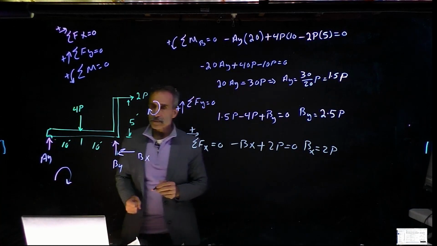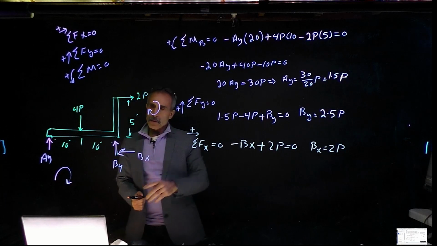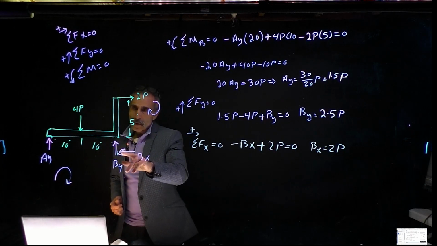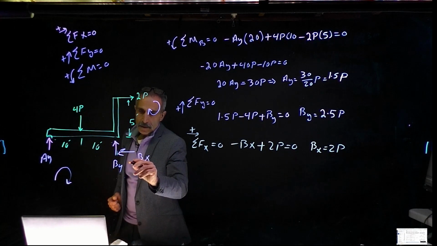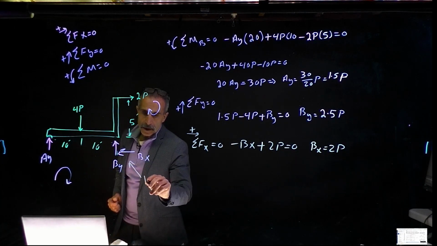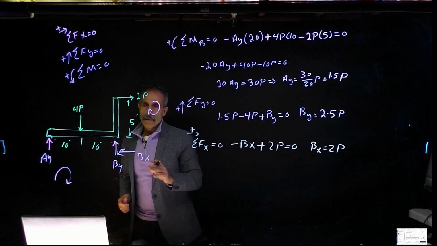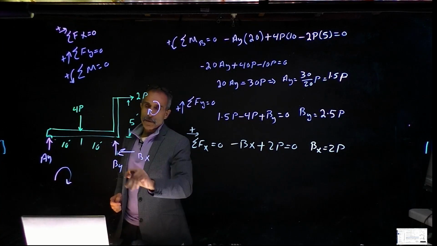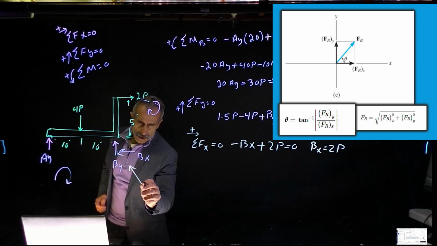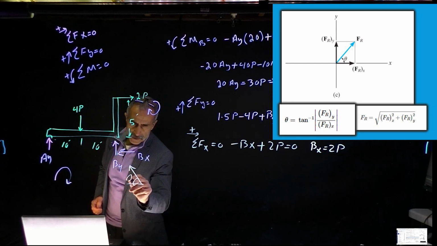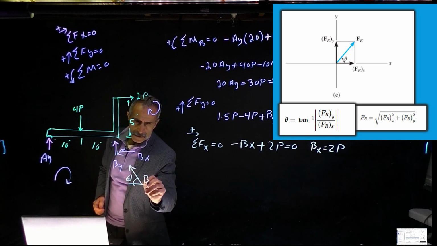Okay. All right, now another thing we can do, we'd like to know the B itself, how it's going to be. And it's going to be like this probably. That's going to be B. And I'd like to find the magnitude of B itself. We know BX, we know BY, so it's going to be somewhere like this, and I'd like to know what the angle theta is going to be. First, let's find out what B is.